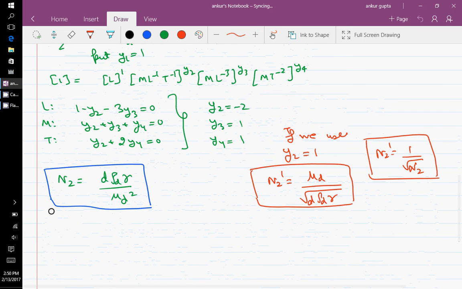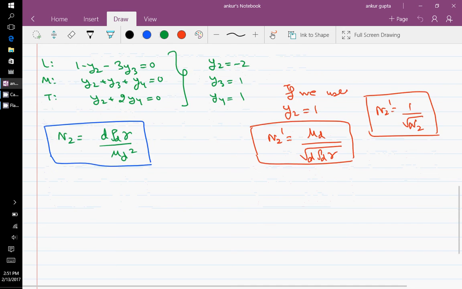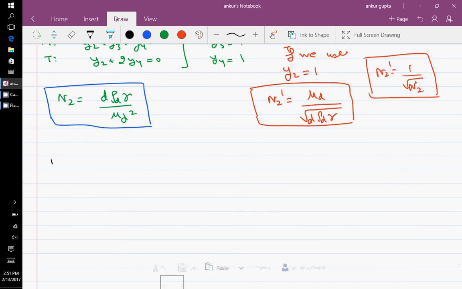Now, to be complete, let us do this one more time. I just want to show you something more interesting. Let us say we have n3, and you said, oh, I want to use another set, because there are 5 variables. You can choose any 4 variables, because you just want to make sure that you're spanning all mass, length, and time. And let's say you decided to now choose d, mu d, tau and gamma.